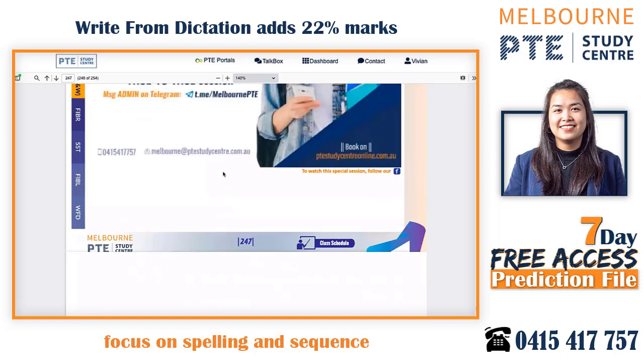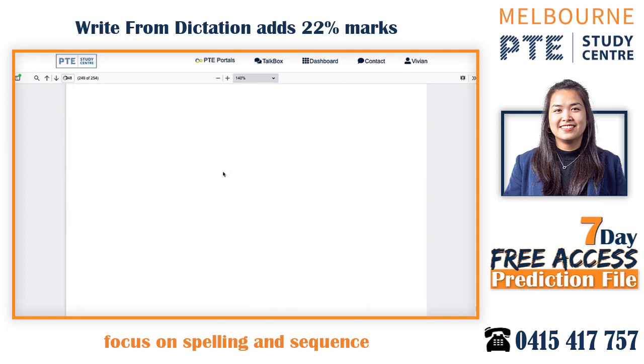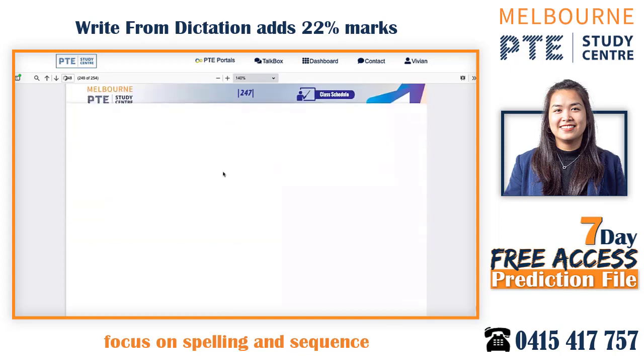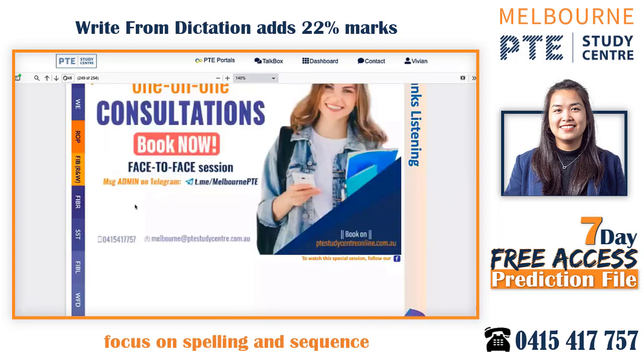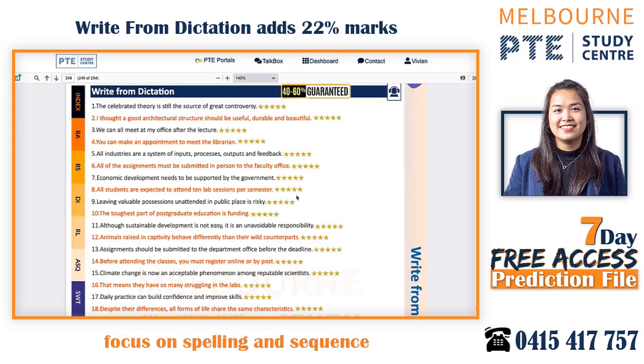Right, now next one, write from dictation. So for write from dictation in the prediction file, I still need you guys to go through every single sentence.